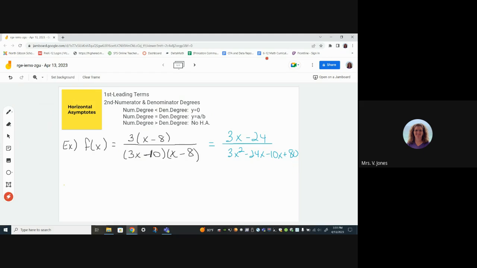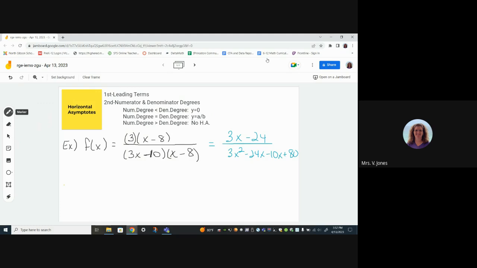When things are already in order from biggest exponent to smallest, and you multiply them out, do you see how 3x times x gives us our leading term, where the exponent is the biggest? If you think about this 3 as being in parentheses, because that's a factor, when you take the lead term in that factor times this lead term, you get the first term.